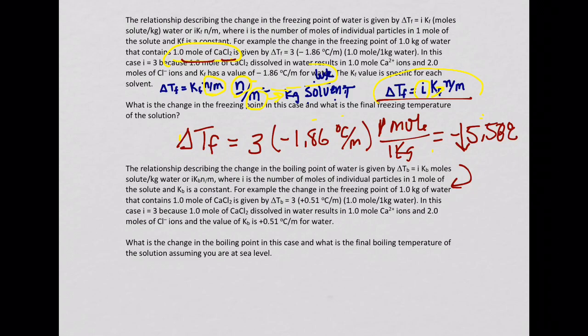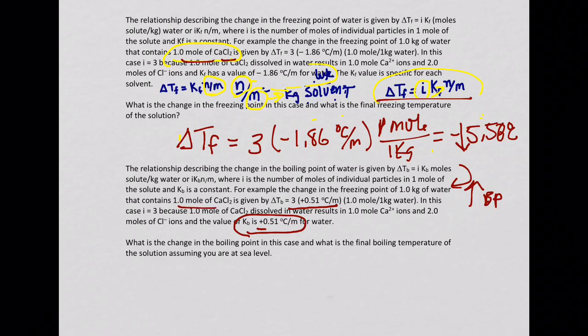The boiling point increase is very parallel. You notice you have a constant for boiling point. This now is a positive number, indicating that the boiling point is going up in this case.